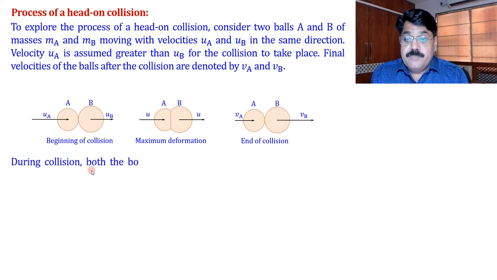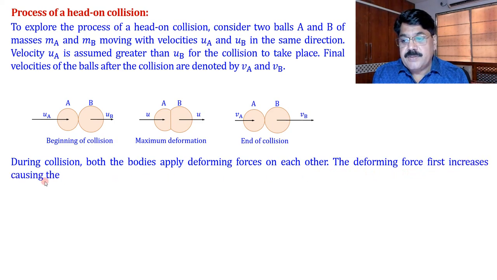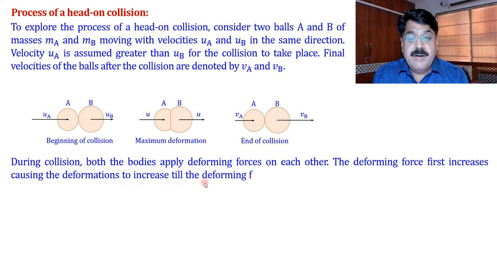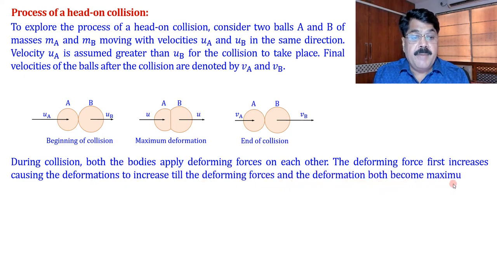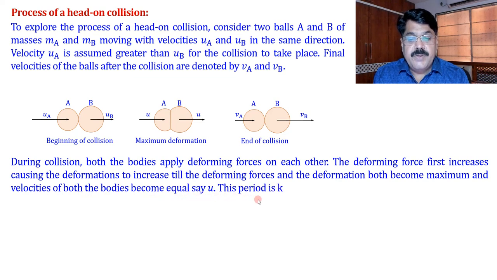During collision, both the bodies apply deforming forces on each other. The deforming forces first increase, causing deformation to increase, till the deforming forces and deformation both become maximum, and the velocities of both the bodies become equal, say U. This period is known as the period of deformation or deformation period.